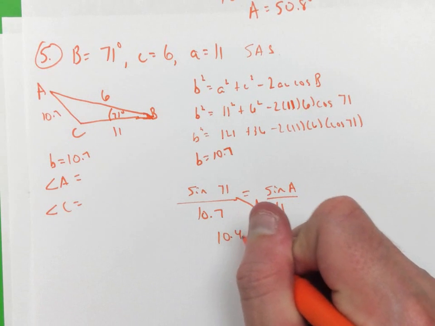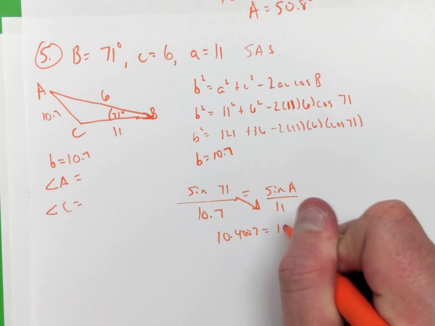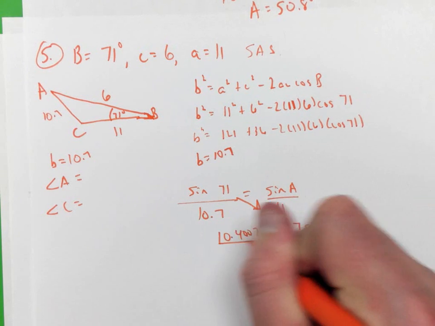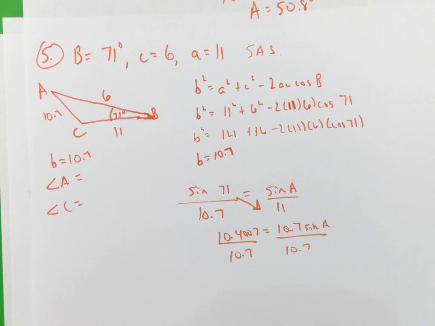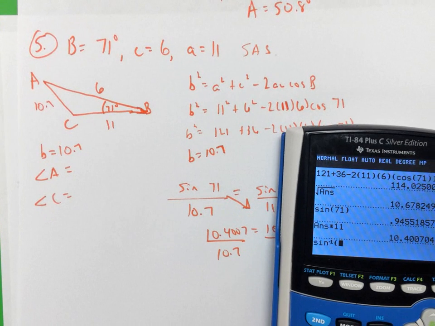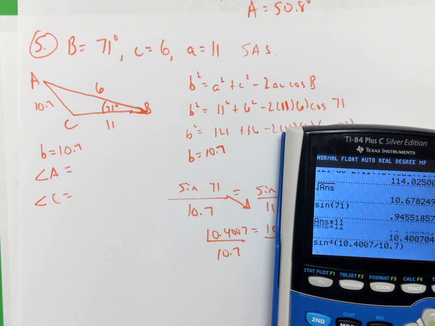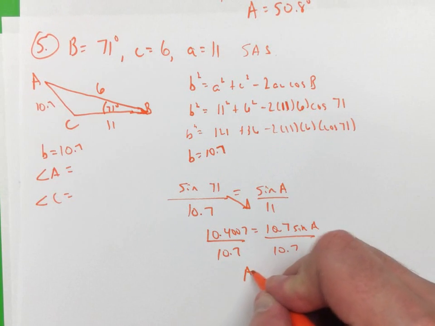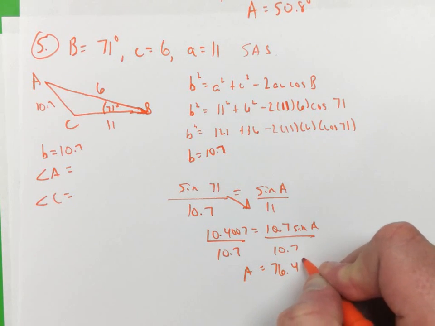I get 10.4007 equals 10.7 sine of A. I'm going to divide both sides by 10.7. I'm looking for capital A, so I'm going to hit second sine. 10.4007 divided by 10.7, and I get 76.4. So A is equal to 76.4 degrees.